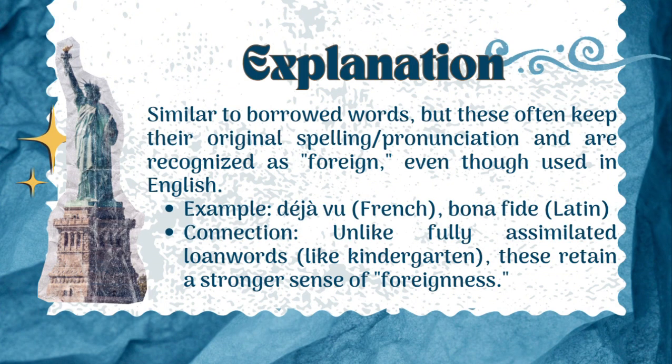Deja vu is actually from French, guys, and I know you have often heard that word. The connection between foreign words and word origins is that, unlike fully assimilated loan words like kindergarten, these retain a stronger sense of foreignness. So, guys, those are the several connections with word origins.